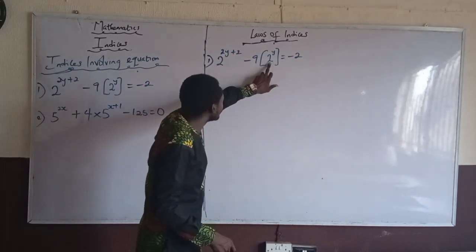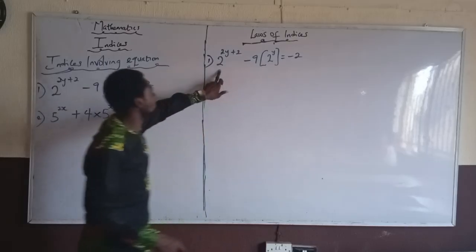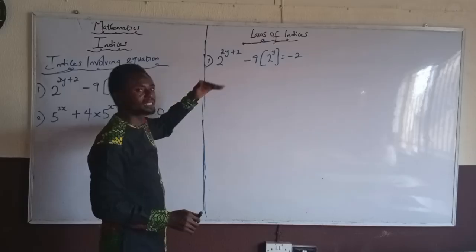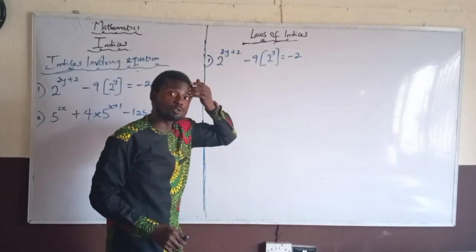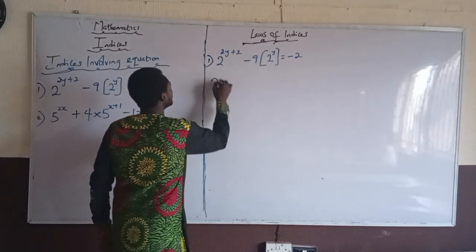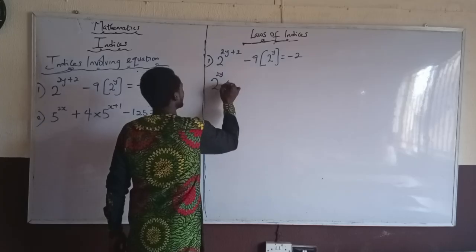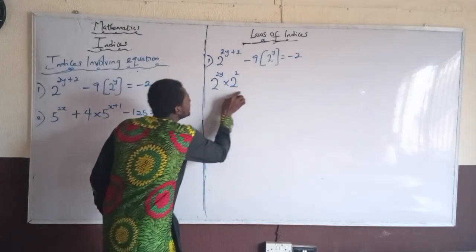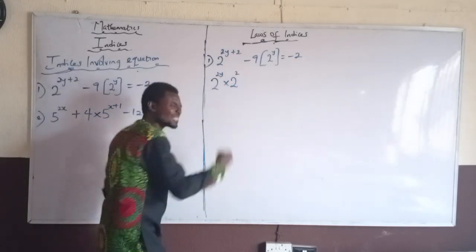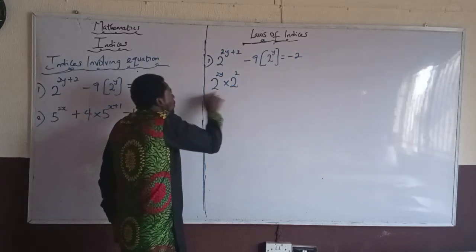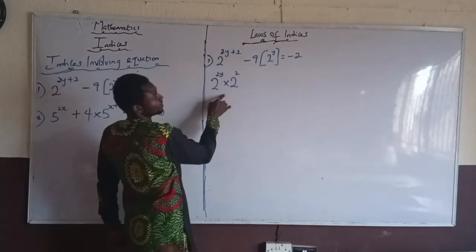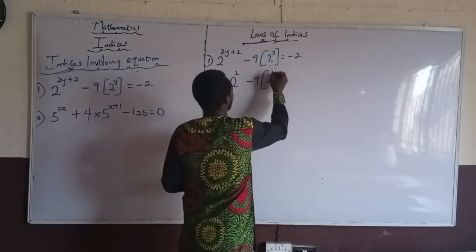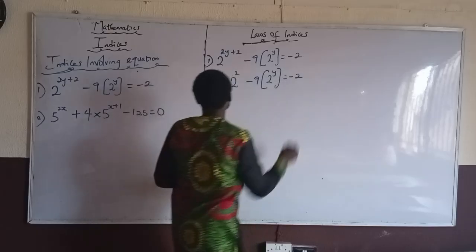So I'm taking it back to how it's supposed to be, which is 2 raised to power 2y times 2 raised to power 2. Don't forget that if you have the same base and you have multiplication between them, you pick one and add the power. So I got it back. Minus 9, I have 2 raised to power y equals minus 2.